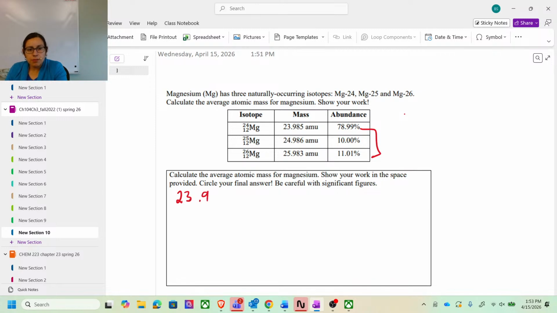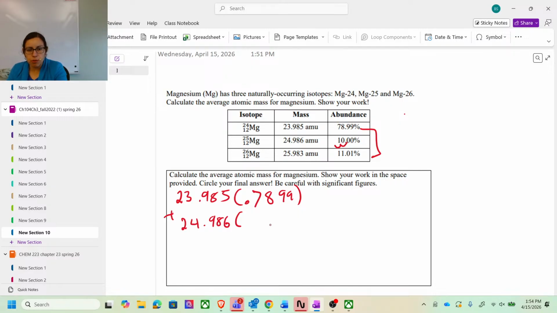So we have 23.985 AMU at a 78% abundance. You can multiply it by 0.7899. And then plus our next one, 24.986 at a 10% abundance.